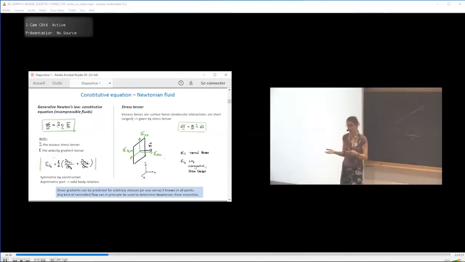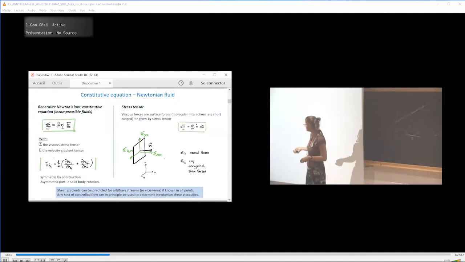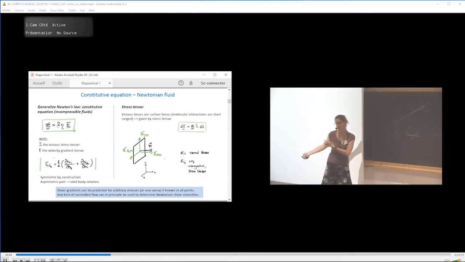In a solid body rotation, no slices of fluid are sliding past each other. So the viscosity does not manifest itself in a solid body rotation. So this is why actually when we talk about viscosity and the viscous stress tensor, the only part we use is the symmetric part. And that's why so far you've always seen the symmetric part. But keep in mind, there's more to the flow, and what is more to the flow is the antisymmetric part that corresponds to a rotation that for some situations can become important.